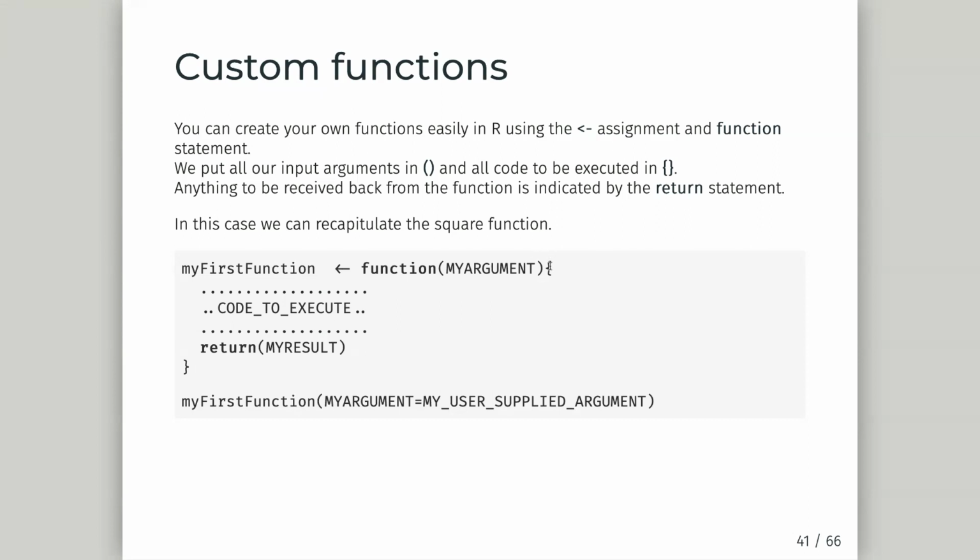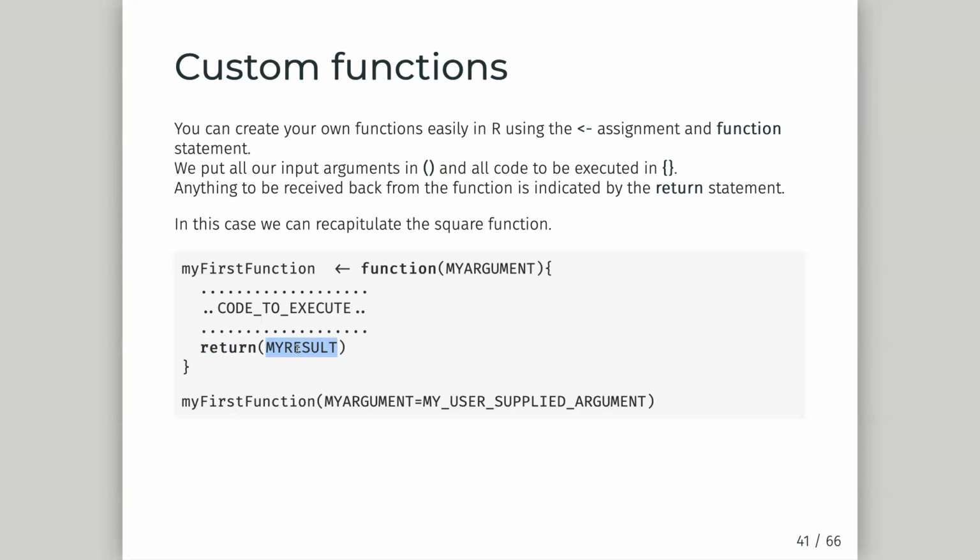Everything after the curly brackets is what we call an expression. That's what's to be evaluated, and you'll have the code to evaluate in there. We have a return line using the return function.